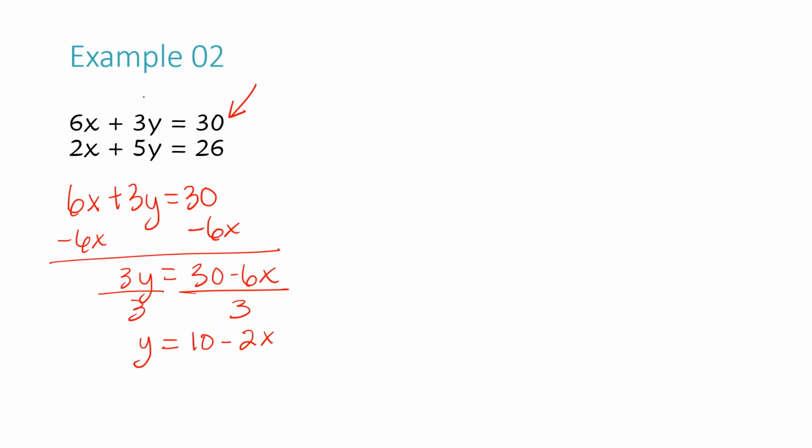Now, since I isolated this y from the top equation, I'm going to plug the value that I got for y, 10 minus 2x, into the second equation, okay? So I have 2x plus 5y equals 26. Now I'm going to rewrite this, but instead of writing y, I'm going to write what I calculated y to equal down here.